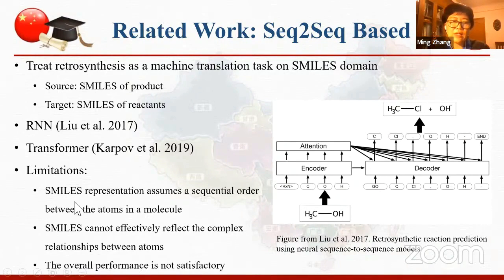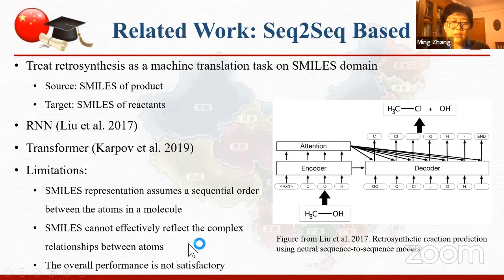Because SMILES itself can only represent sequential order, but molecules are graph-based, a more complicated structure. So this kind of method cannot represent the complicated graph structure.